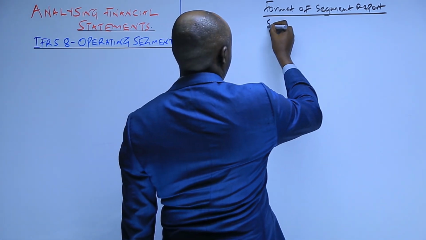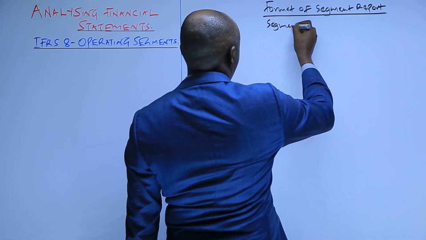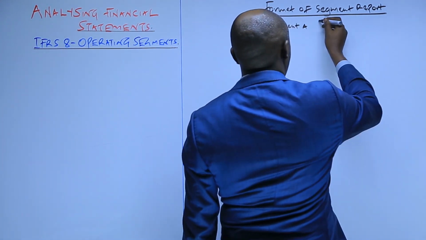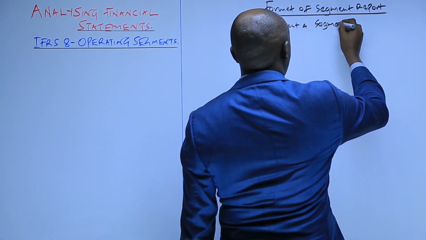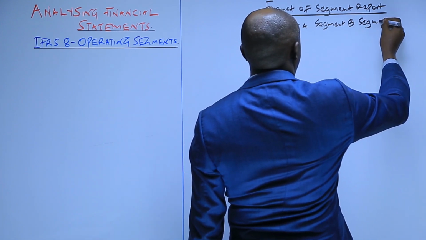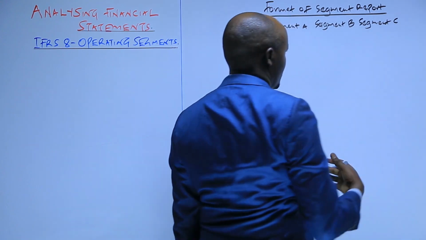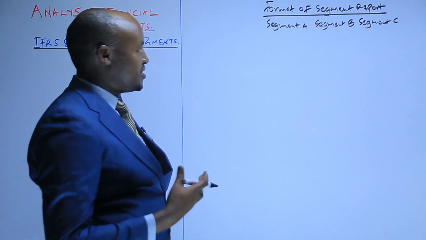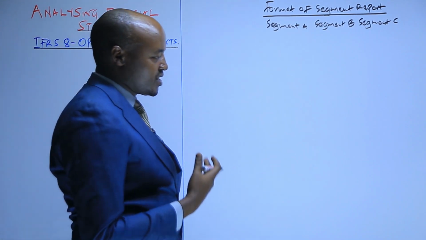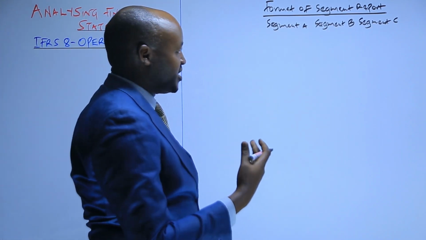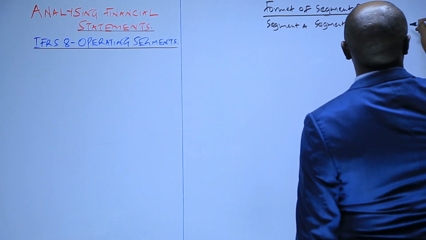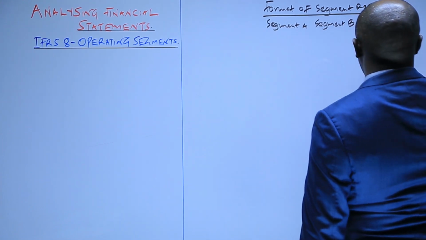Let's assume a company has various segments: segment A, segment B, and also segment C, which happen to be the products of this company. Assuming this company is producing and selling three products, that is product A, B, and C, which have been identified to be the reportable segments. So we have columns for three segments.